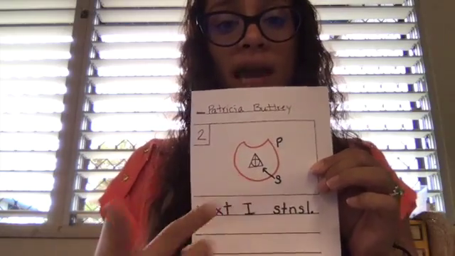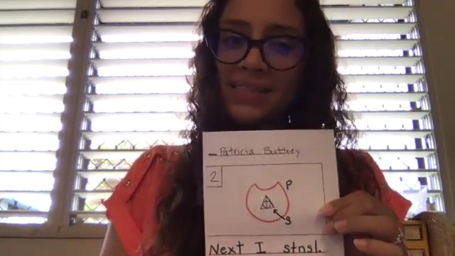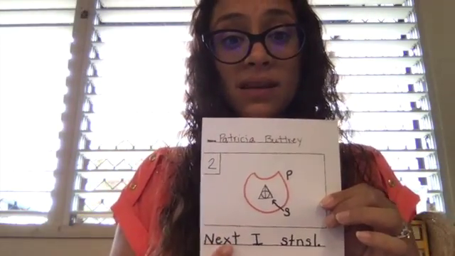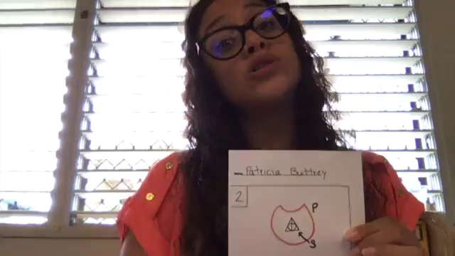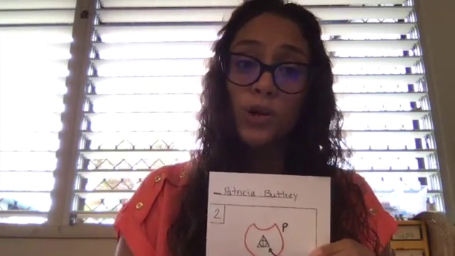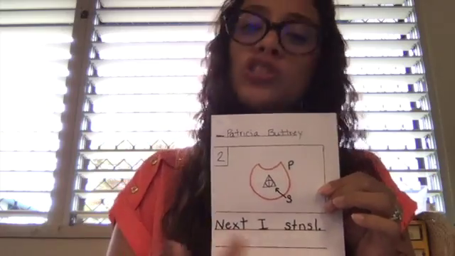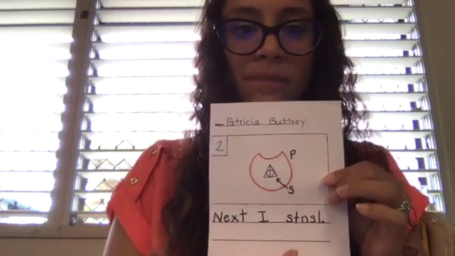If you didn't complete your page 2 with me while I was doing it, I want you to complete it. I want you to label the picture and write the sentence. Like I said earlier, I want you to have next, I. Those words are in your personal word wall. So those 2 words should be spelled correctly and should be in your sentence.